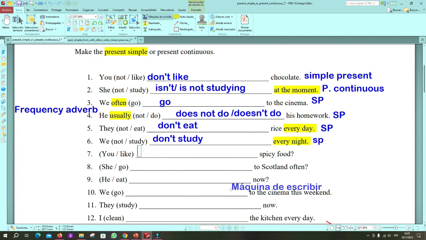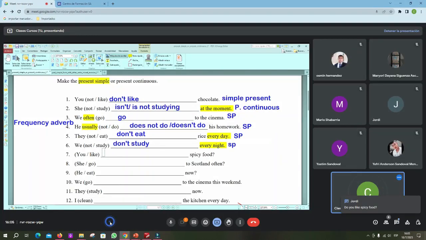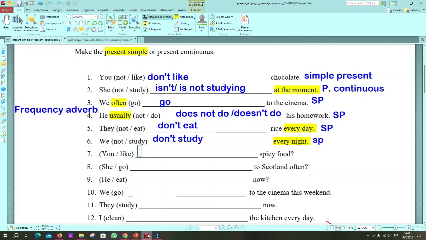You like spicy food, and that is a yes/no question. Let's see. Do you like spicy food? Yes, Mr. Jordi, that's amazing. So there you have, do you, right? This is a yes/no question, and that is simple present, right?